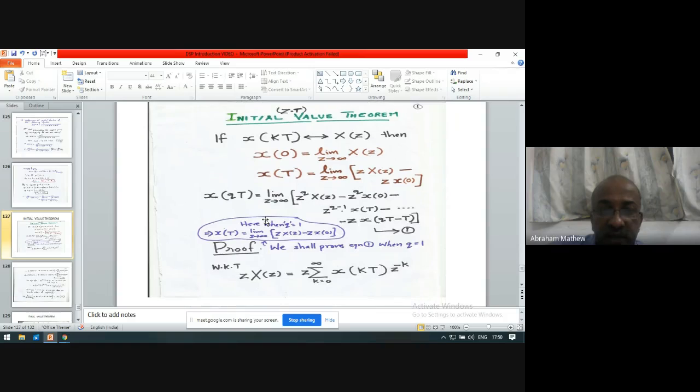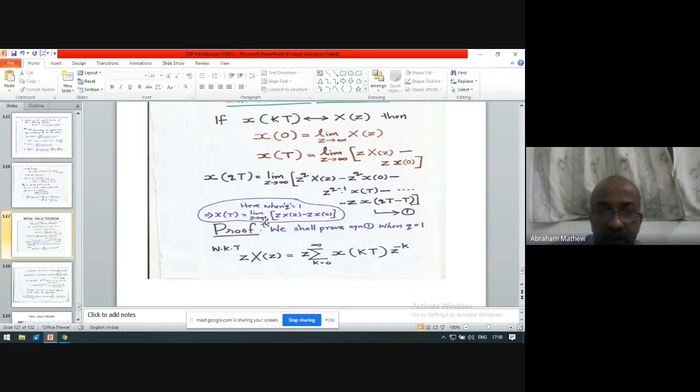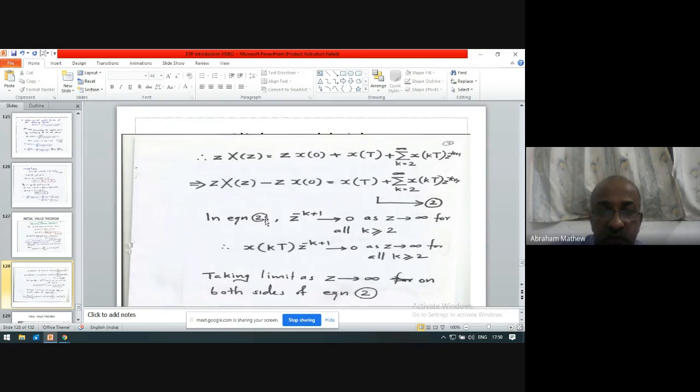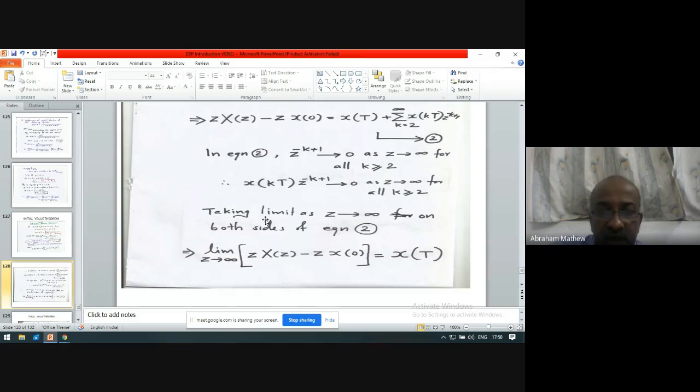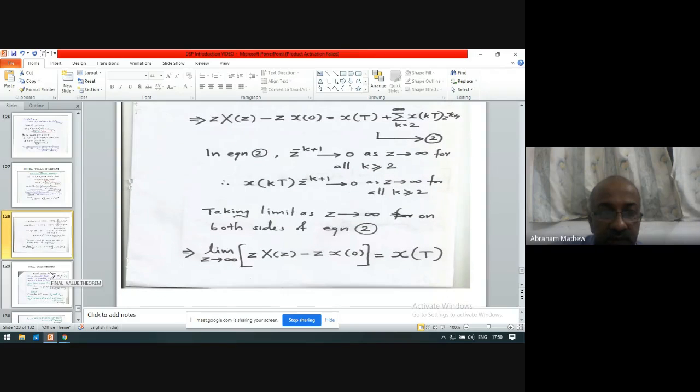This is the initial value theorem statement, and its proof is explained in this slide.